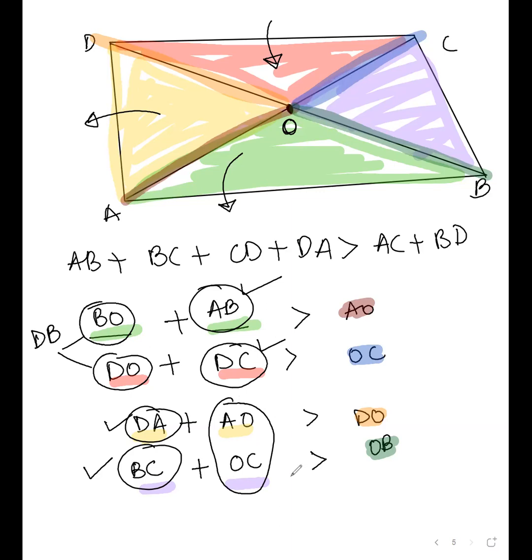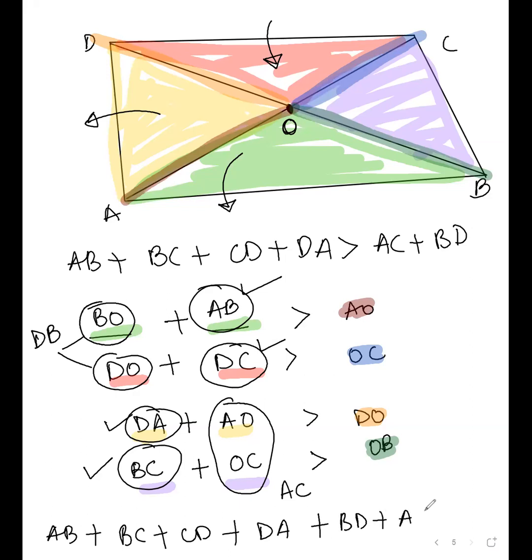Very good. So now when we add them, we have AB plus BC plus CD, underlined with the red color, plus DA, the yellow one. Plus we have DB plus AC. Plus BD plus AC.